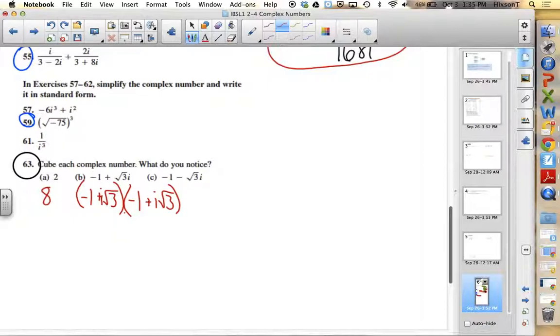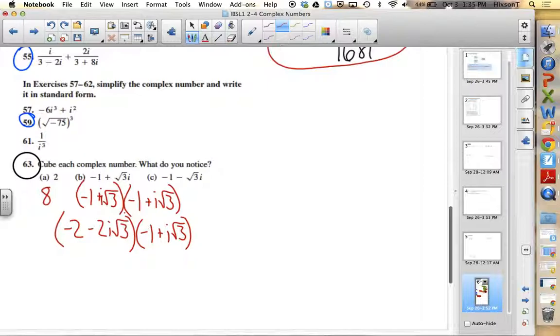Alright, so just real quick, if we FOIL that, well, yeah, we're going to do that in the next step, so we have 1 minus 2i radical 3 plus 3i squared, so minus 3, so that's going to make that a minus 2, minus 2i radical 3. Then we multiply that by another negative 1 plus i radical 3.